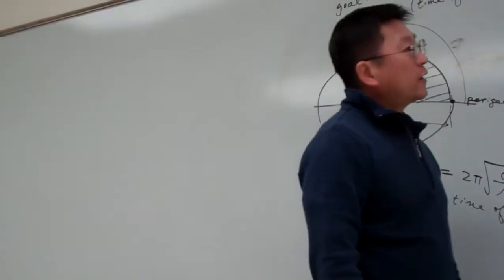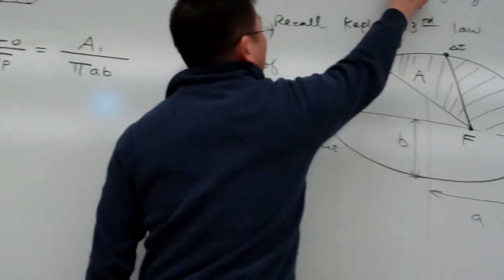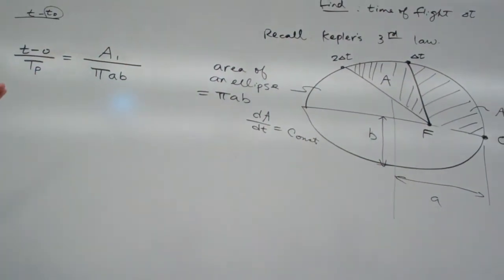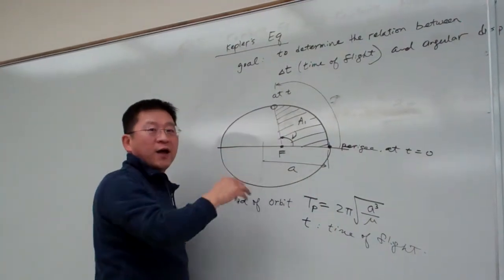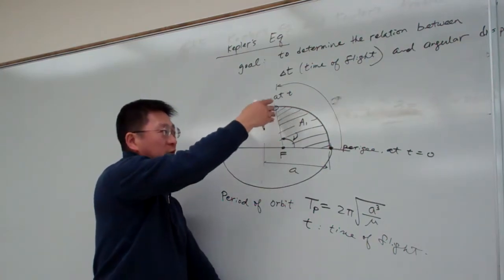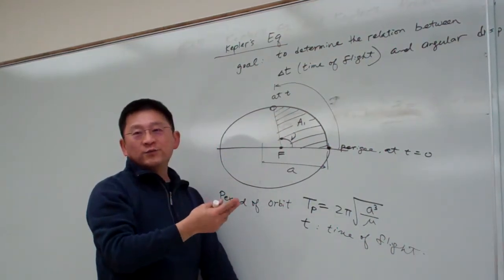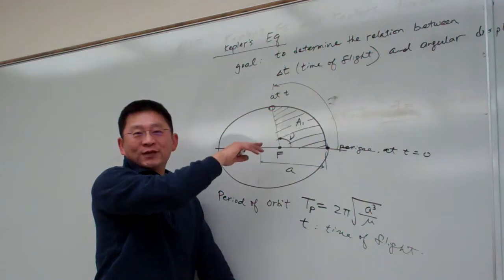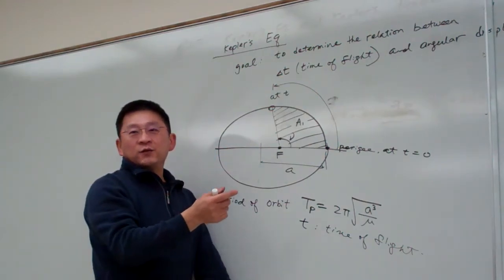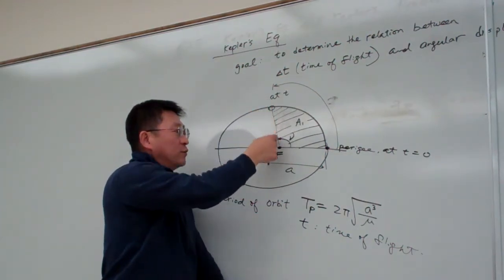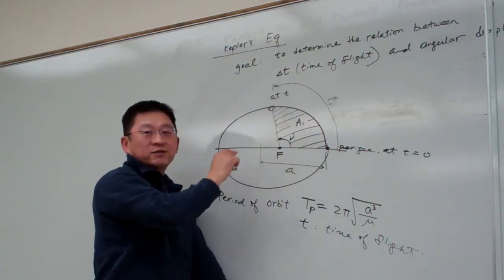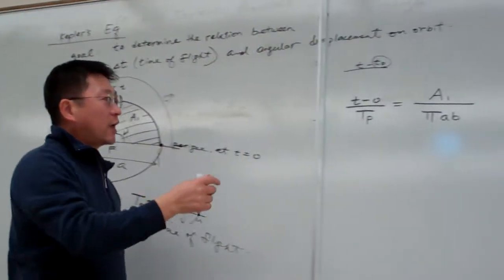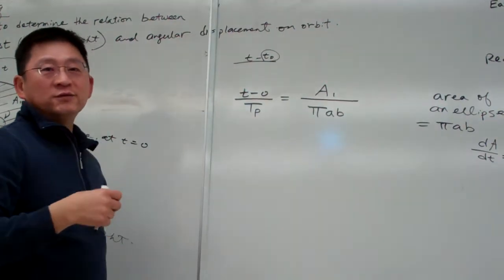For example, right now we are given nu. Looking at this problem definition, if we are given nu, that means we know the piece of the pie, a piece of this oval-shaped pizza, how big a size you're going to share. So given nu, we will be able to calculate this area A1.